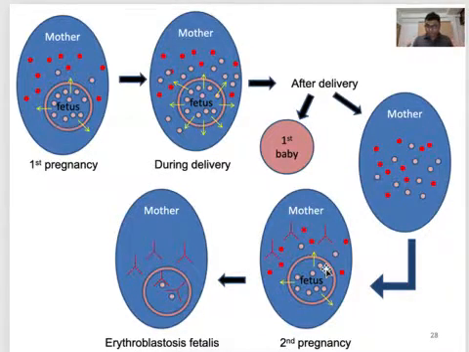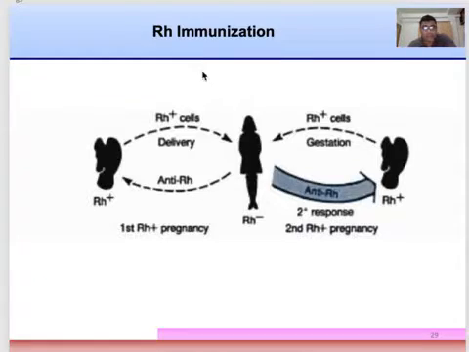This huge number of anti-Rh antibodies will cross the placenta, interact with the fetal blood cells and cause hemolysis. Due to this, the fetus can even die, or very severe damage can occur. These are the steps, or the mechanism, of erythroblastosis fetalis. The events that occur during this are called Rh immunization.